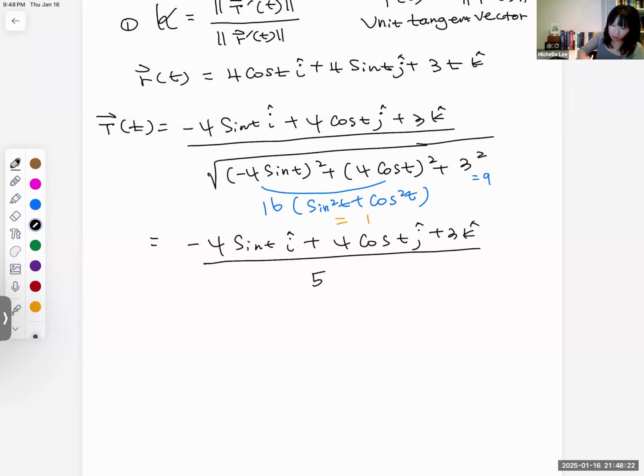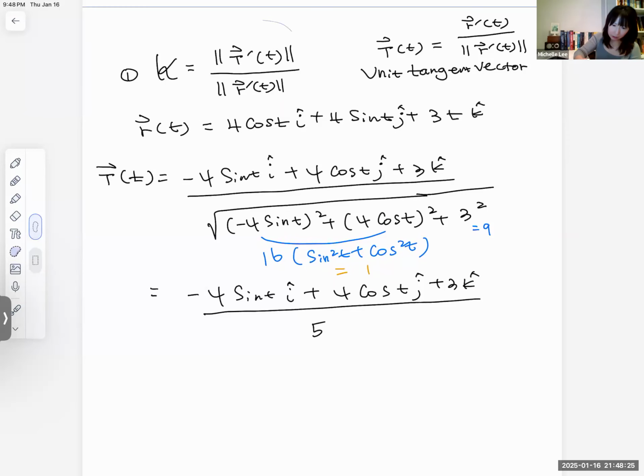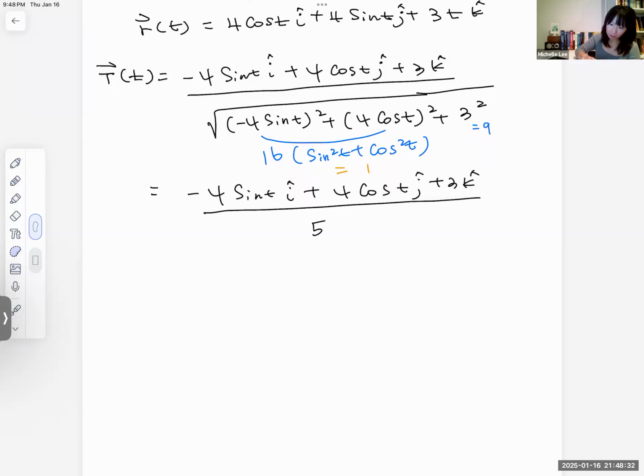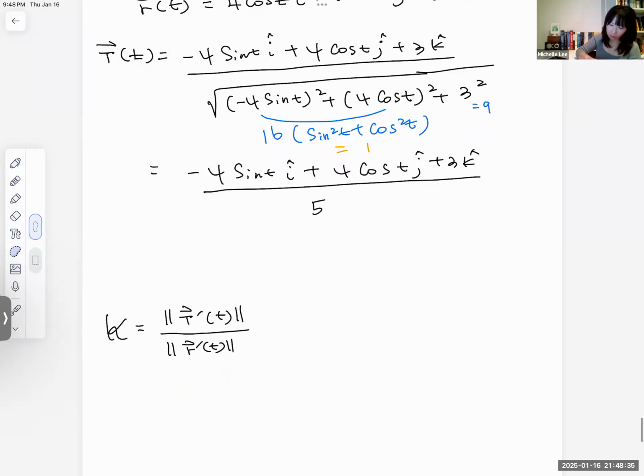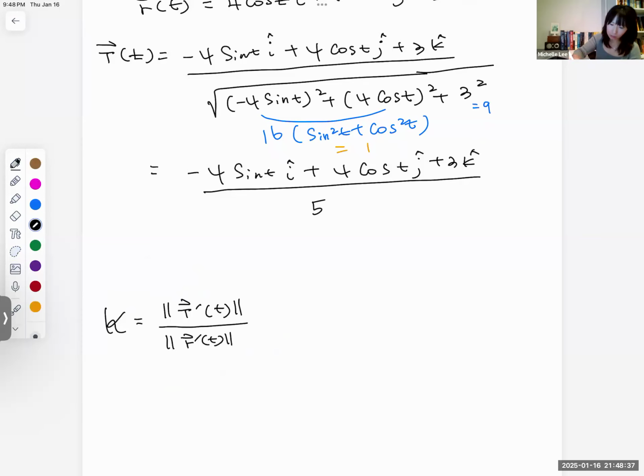Okay, so curvature, 16 plus 9. Magnitude of that.